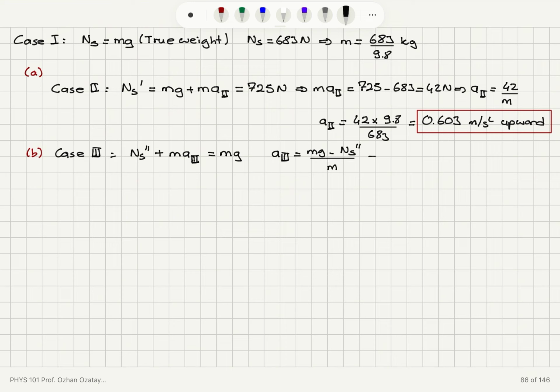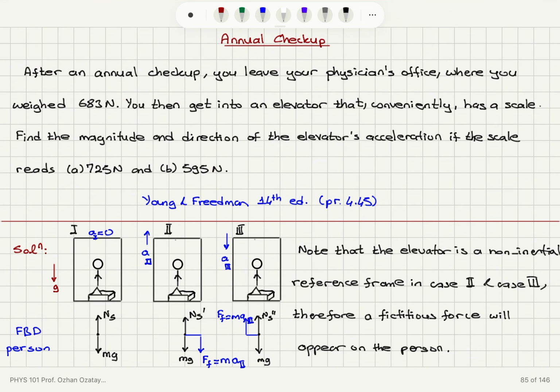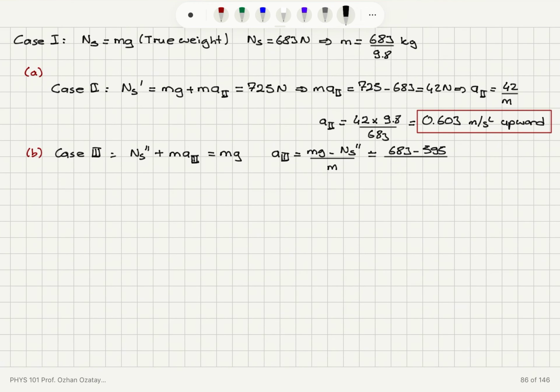So this will be 683, the true weight, minus the normal force 595, the reading on the scale given in part B, and this is divided by 683 multiplied by 9.8.